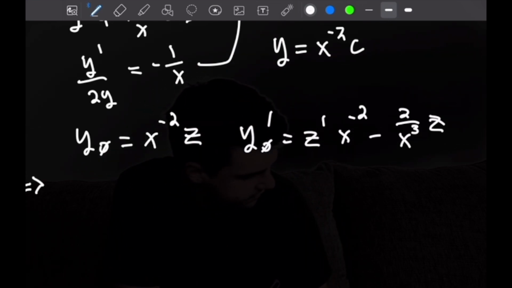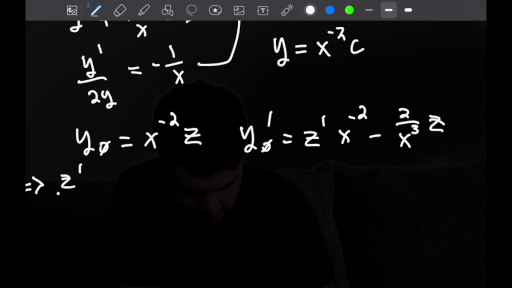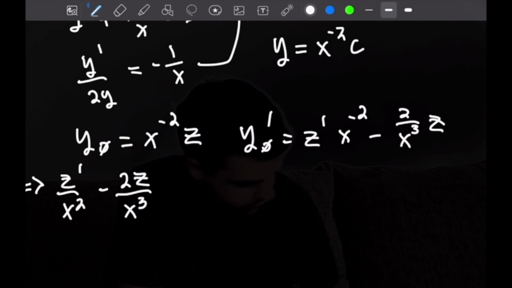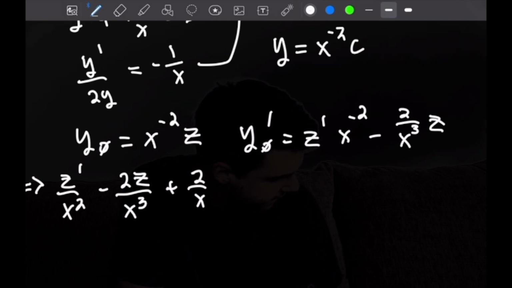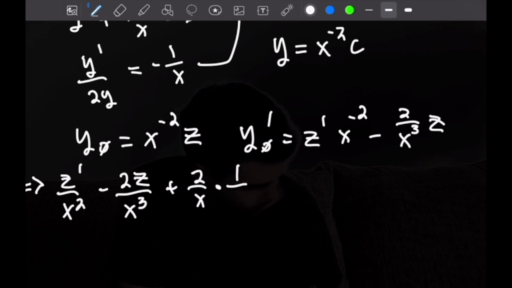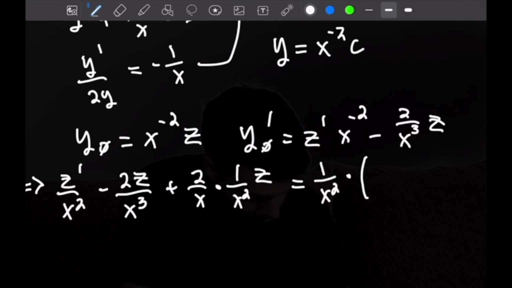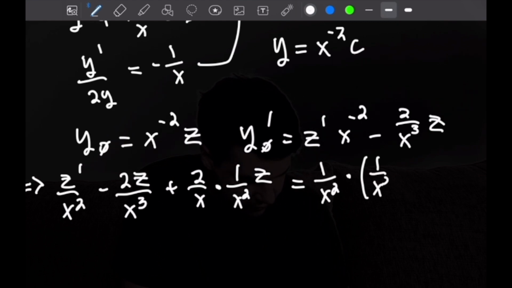Doing so will give us z prime over x squared minus 2z over x cubed plus 2 over x times 1 over x squared z. And that's going to be equal to 1 over x squared times the quantity 1 over x squared z to the 3rd power.